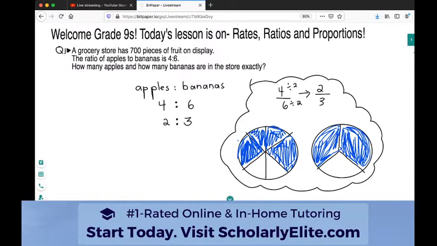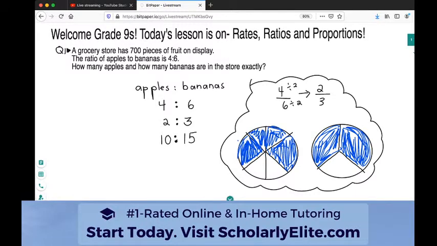So if I have apples to bananas and I have 4 to 6, 2 to 3, it stands to reason that as long as I multiply both things by the same number, I still have that same ratio. So let's say I multiplied both by 5, right? So 2 times 5 is going to be 10. And 3 times 5 is going to be 15.